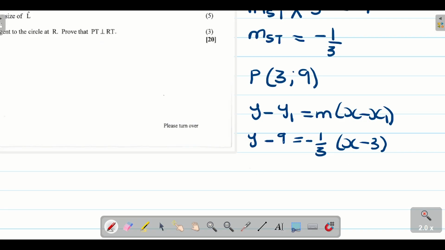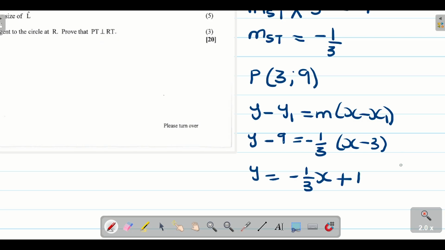And then we're going to have y equals to -1/3. We're going to take -1/3, multiply it with this x. We're going to have -1/3 x. Then we're going to have -1/3 multiplied by -3. So the negative times negative will give us a positive. And then we're going to have 1/3 multiplied by 3. It will be 3/3, which is 1.